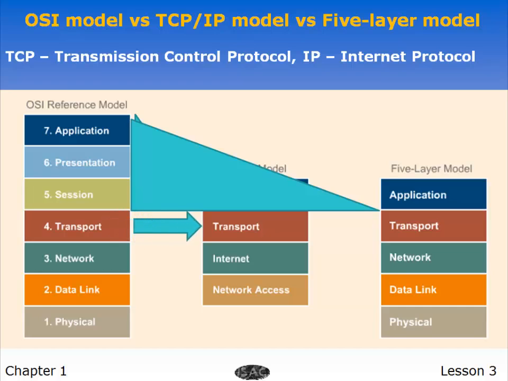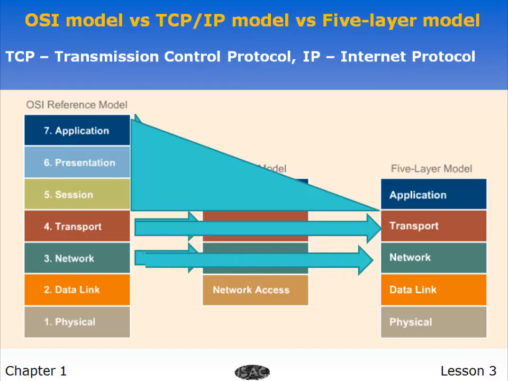The transport layer, both in the OSI reference model and the TCP/IP model, remains the same, and so it is in the 5-layer model. The network layer in the OSI model is renamed to the internet layer in the TCP/IP model. In the 5-layer model, we keep it the same as in the OSI reference model: it's the network layer.